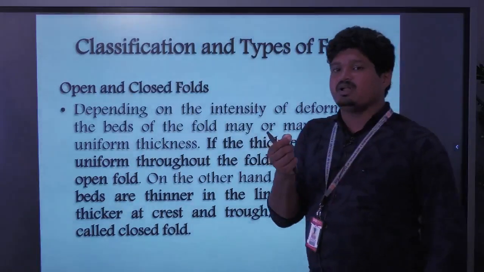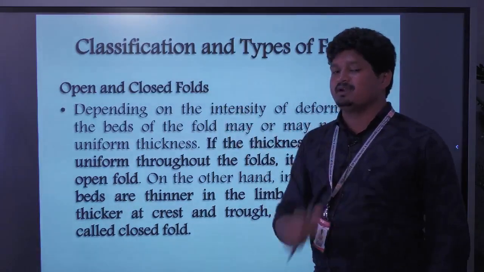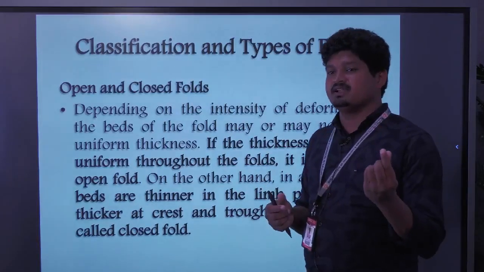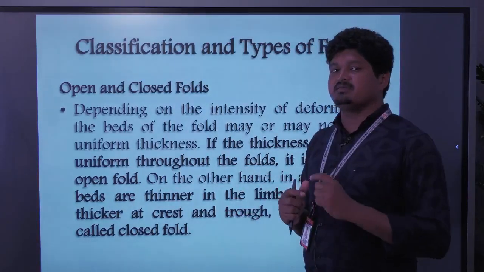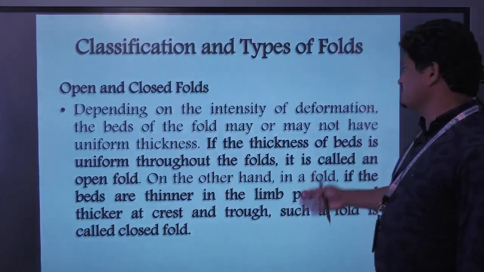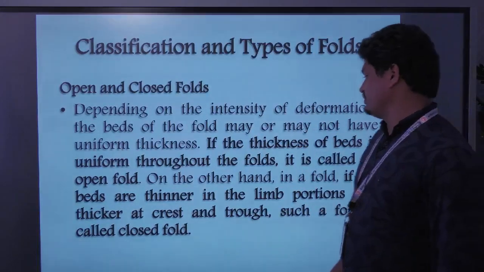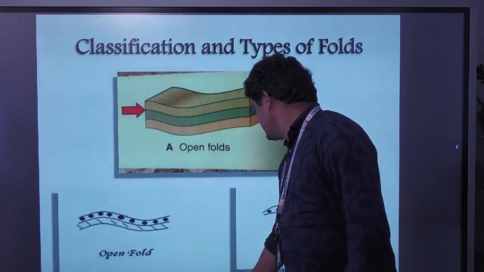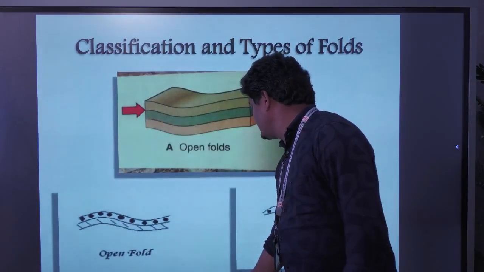In the open fold, a similar thickness is seen in the entire fold, but in the closed fold the thickness is very small at the start and increases at the end. That's the difference between open and closed folds. These are the general images of open and closed folds.